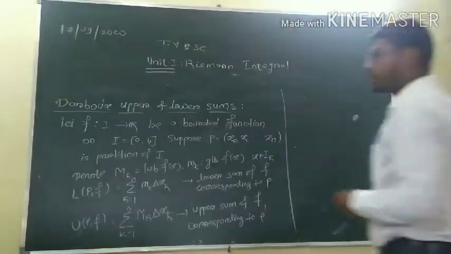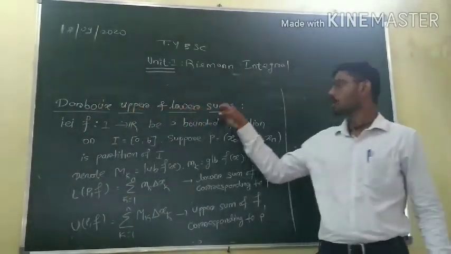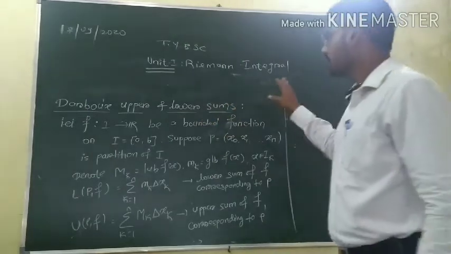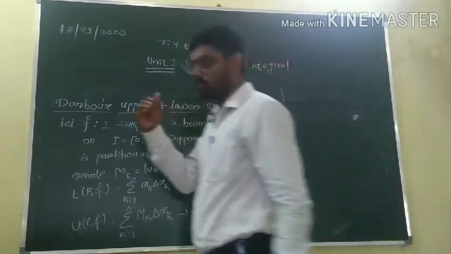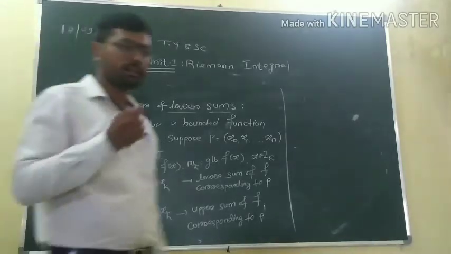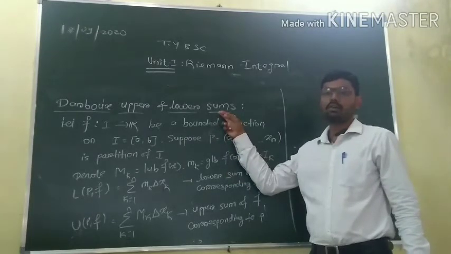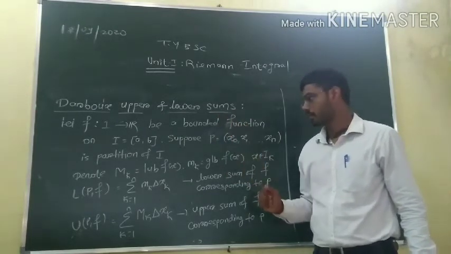Okay, so the next point is upper and lower sums. We have to get the actual definition of the Riemann integral, and for that purpose these upper and lower sums are very important.